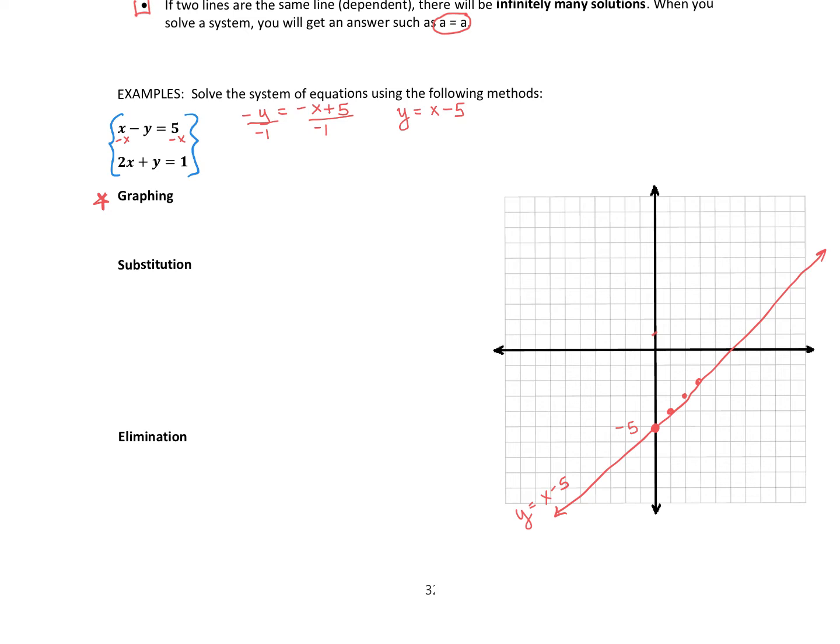Now for the next one, if I subtract 2x from each side, it's already in graphing form. This one's going to cross the y-axis at 1, and if I go down 2 and over 1, down 2 and over 1 a couple times, I get this line. And so we can see that these are two independent lines because they do cross, and it appears that they cross at 2, -3.